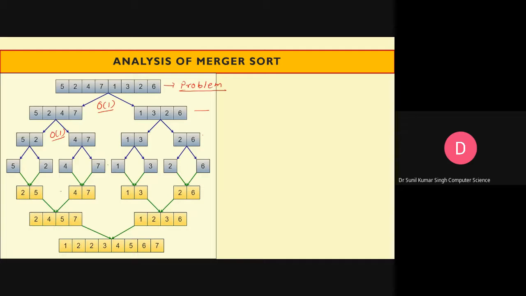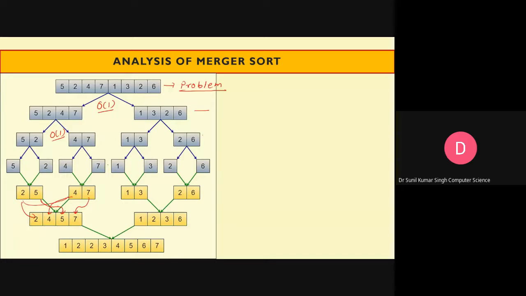Now here, look at these combining steps. When we are going to combine them, we have to compare 2 with 4. 2 is smaller, so 2 is inserted here. Now 4 and 5, we have to combine 4 and 5, so 4 is smaller, inserted, and then we have to combine 5 and 7. 5 is smaller, inserted here, and then 7 is inserted here.